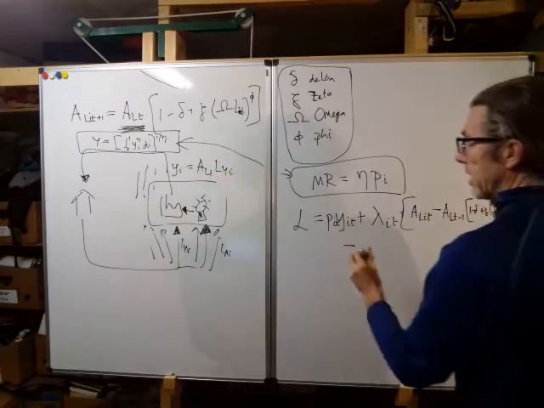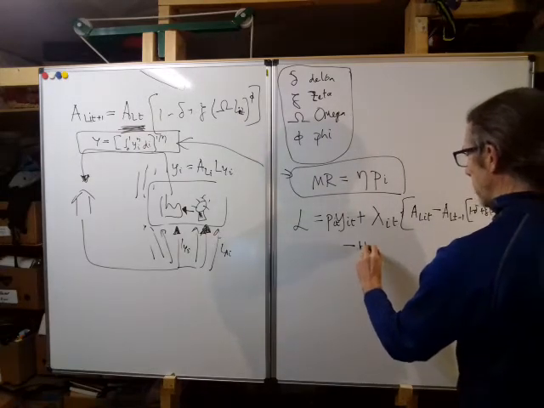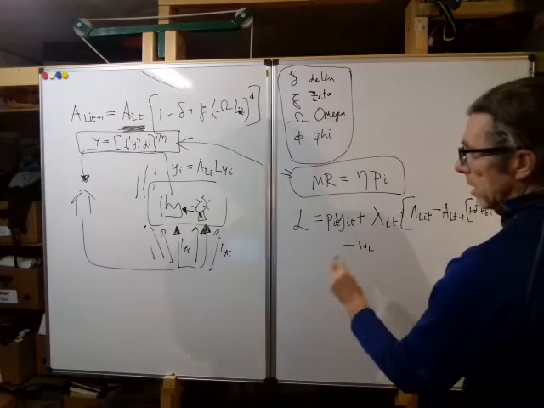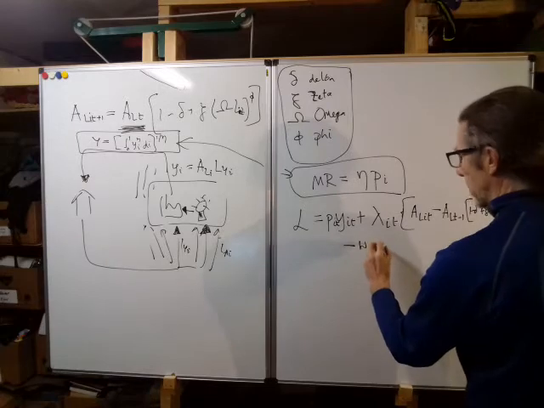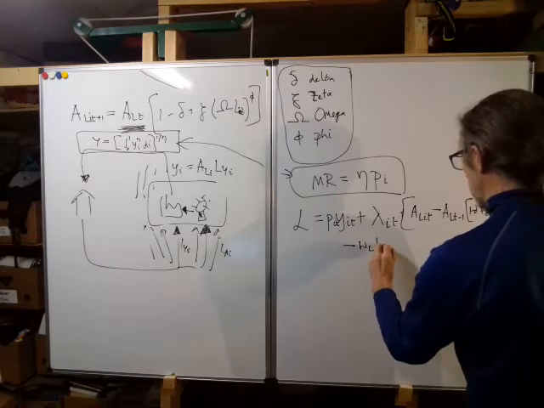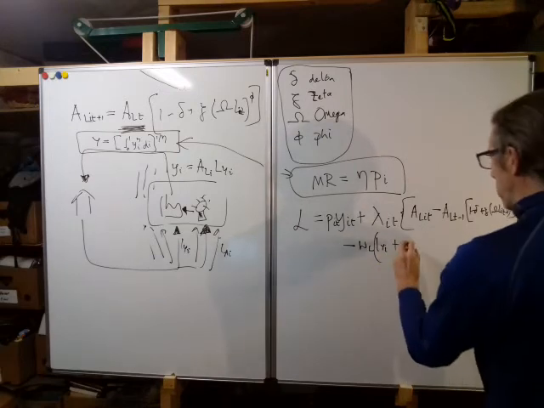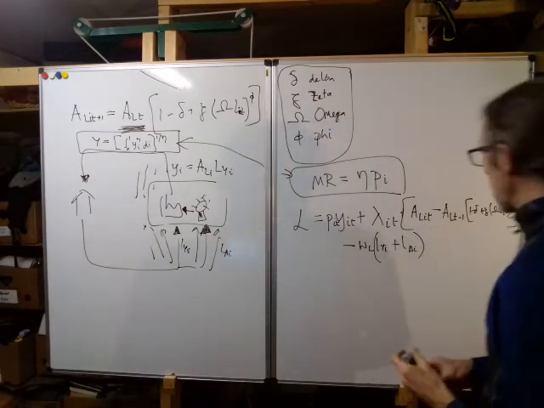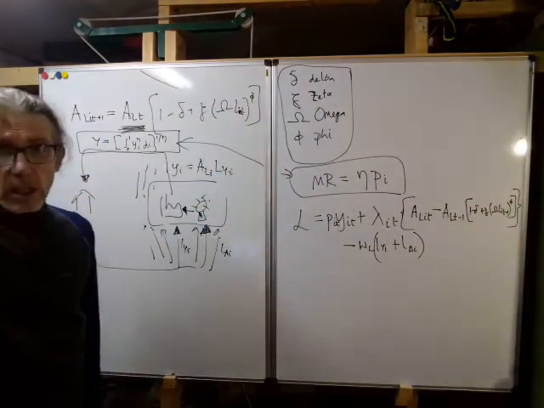The only input is labor, so it's minus w times lyi plus lai.